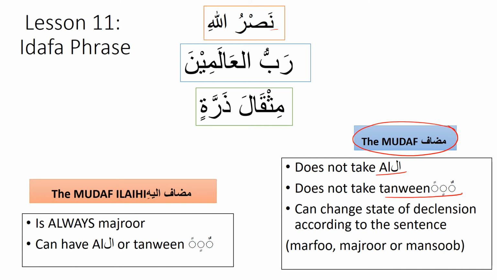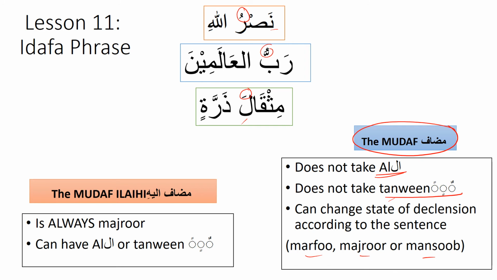And it doesn't matter which haraka it has, nasru, rabbu, or mithqala, mithqali, mithqalu. It doesn't matter. It can be marfu, majroor, and mansoob, and that's how it changes according to the declension in the sentence. So that's fine. The haraka of the mudaf can change, but the speciality of the mudaf is that it doesn't have an alif lam and it doesn't have a tanween. Okay.